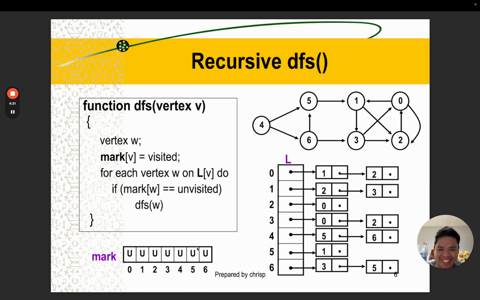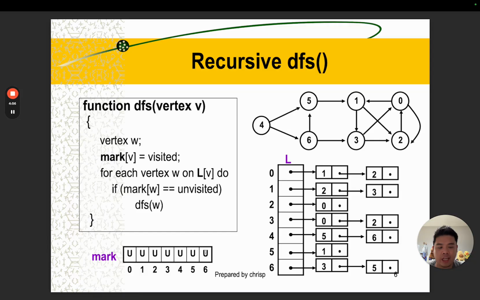So it's very nice. It could be anything. I hope you guys are not traumatized by computer word, because we could represent mark using that. We could represent mark using any other kind of data structure. But in this case, we're representing it as an array that contains U or V, U for unvisited and V for visited.